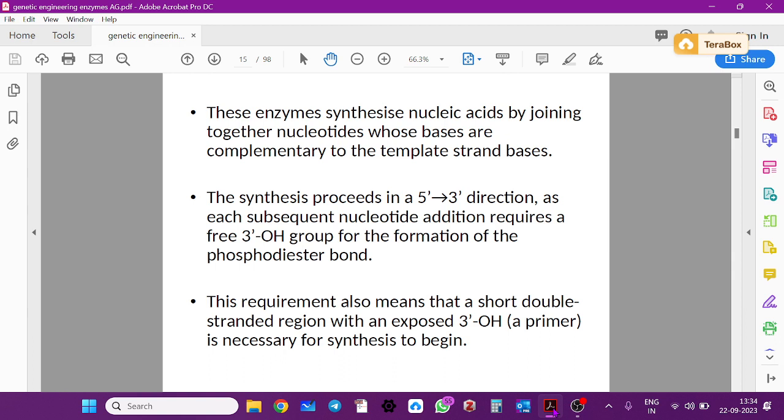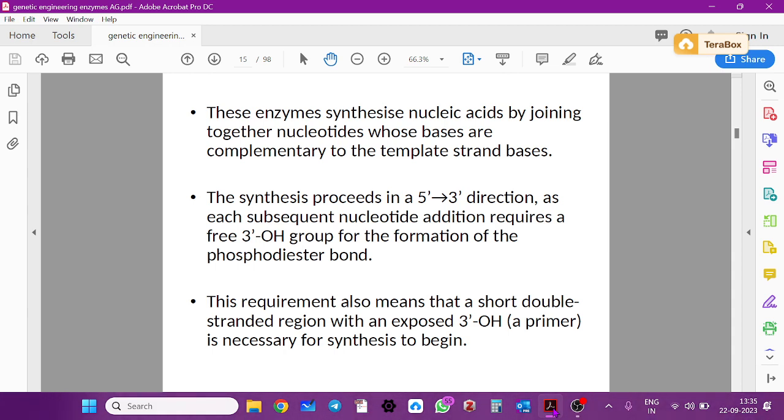So the synthesis increases in the 5' to 3' direction. This is how this reaction progresses. And the actual synthesis is at the 3' end, the 3' OH, in a sugar.